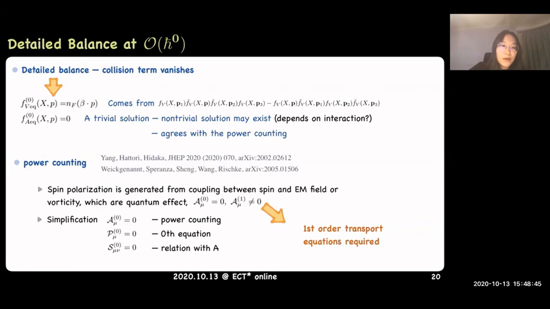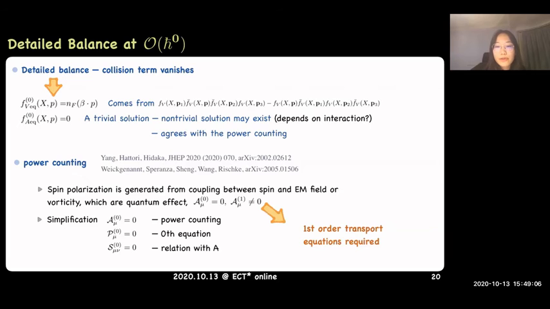Since in the power counting, the spin polarization is generated from the coupling between spin and the electromagnetic field or the vorticity and their quantum effect. So at classical level, there is no spin polarization, and the spin polarization is only generated as a quantum effect at the first order of H bar and higher levels.